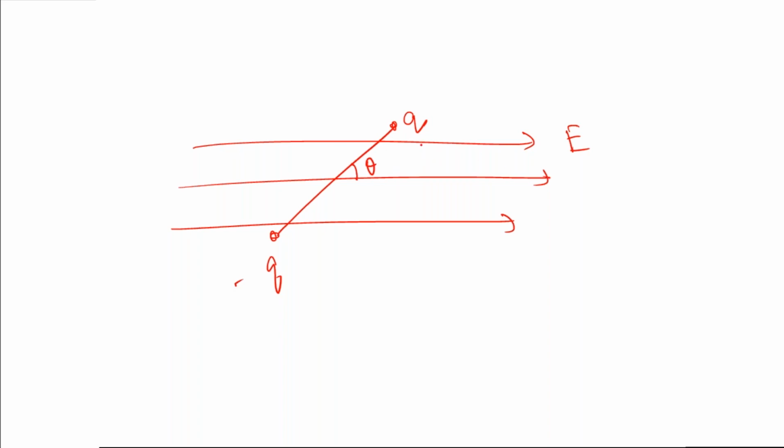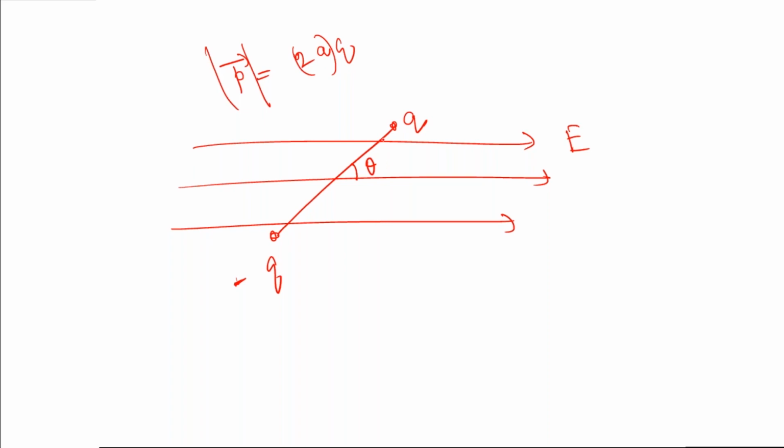When I have a dipole, we define a quantity called dipole moment, denoted by small p or capital P. That is a vector quantity that we write as 2aq if you write the magnitude. 2a is the dimension of the dipole, and q is the magnitude of one of the charges.